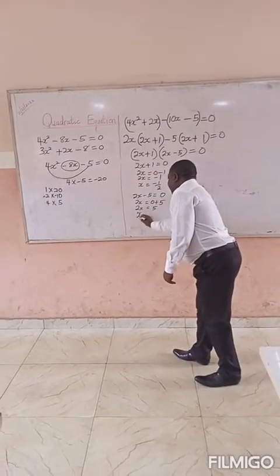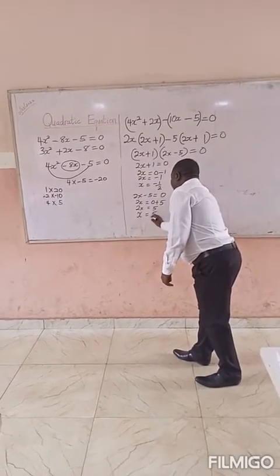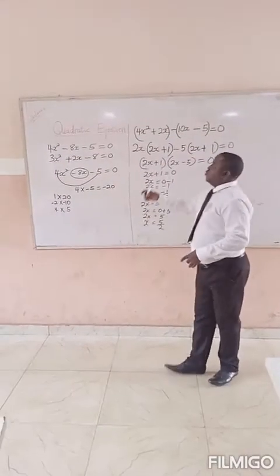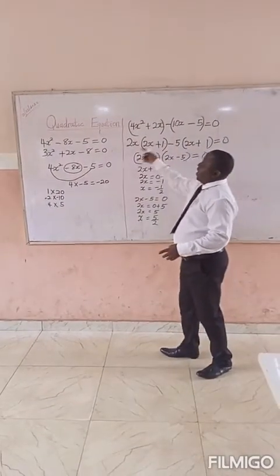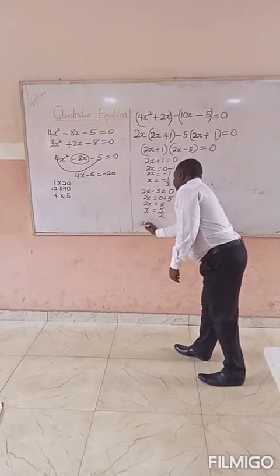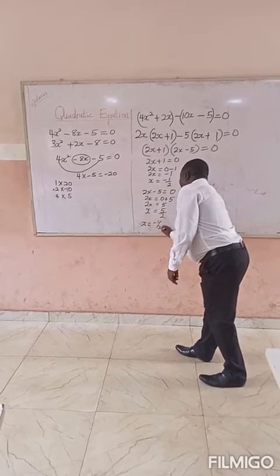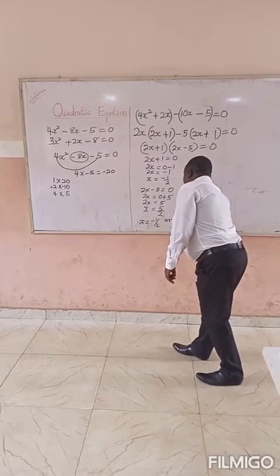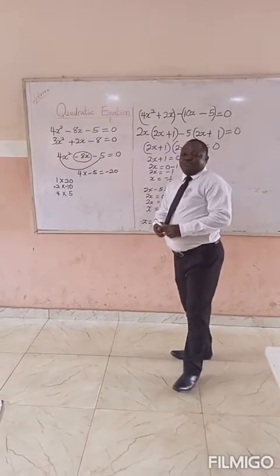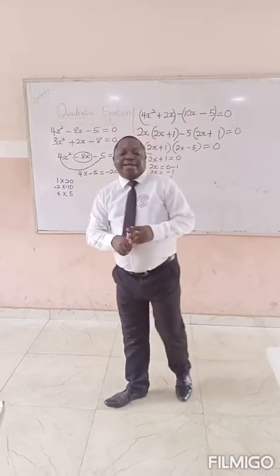So x is equal to 5 over 2. Therefore, the values of x that satisfy this equation are x is equal to minus half or x is equal to 5 over 2.